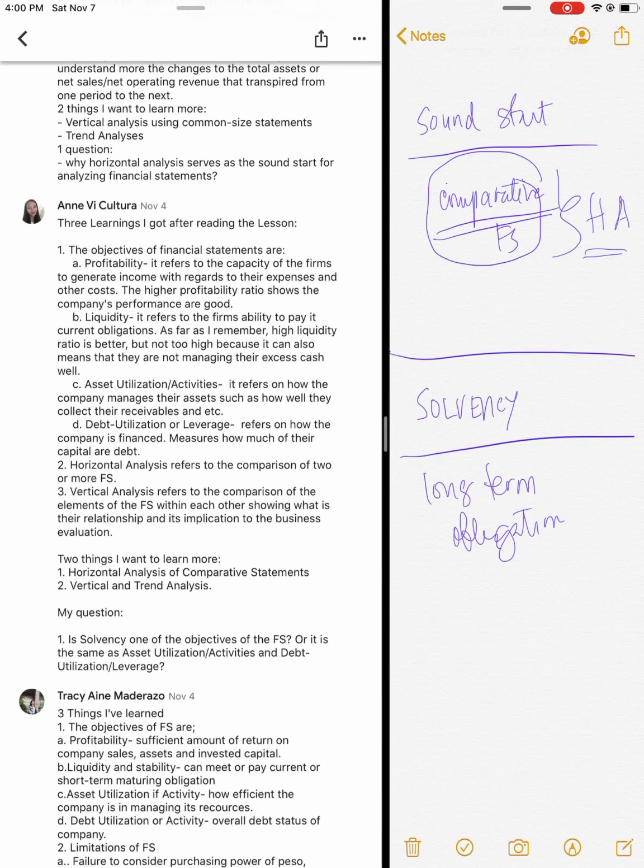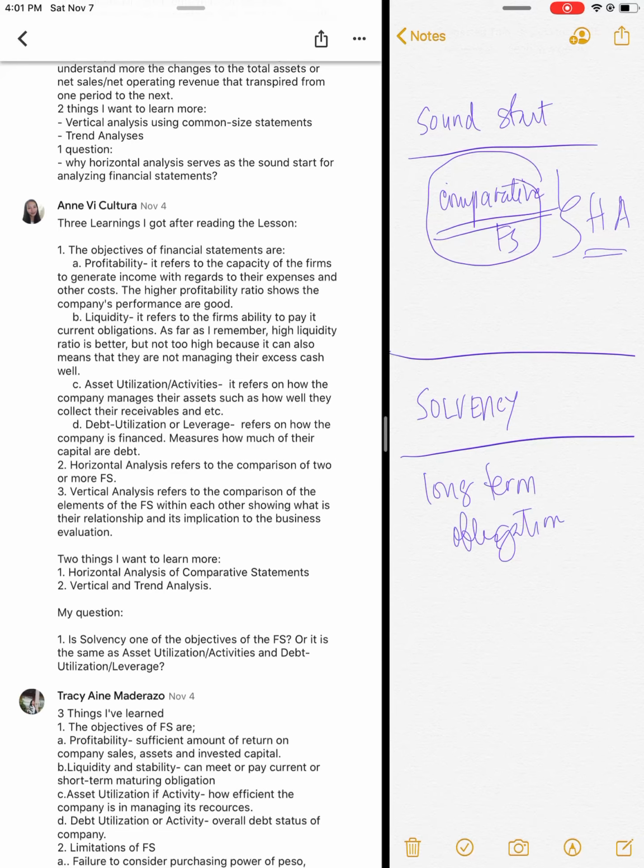Which is different from liquidity. Okay? Si liquidity, ang sinasabi ni liquidity, pag may utang ako ngayon, kaya ko ba yung bayaran? Ang sinasabi ni solvency, meron akong utang na kailangan kong bayaran in 5 years time. Sa tingin mo ba, merong enough na cash ang company by that time so that I can meet my long-term obligation? That's what we call solvency.